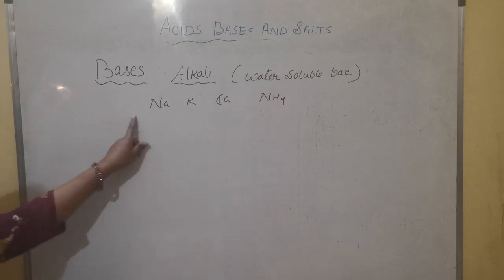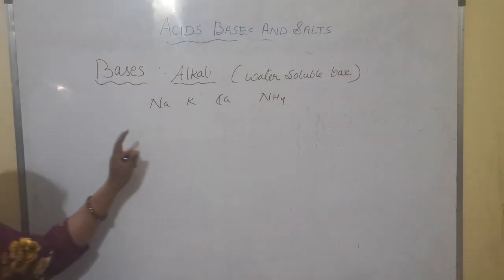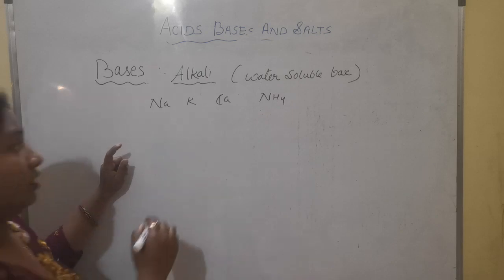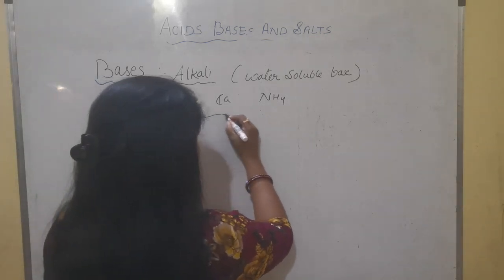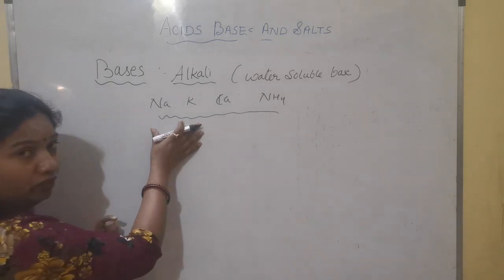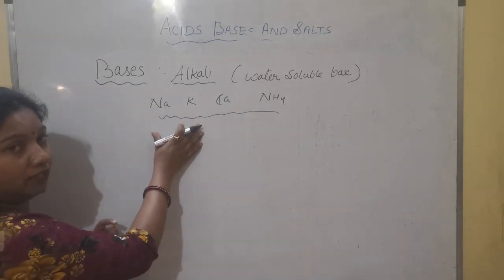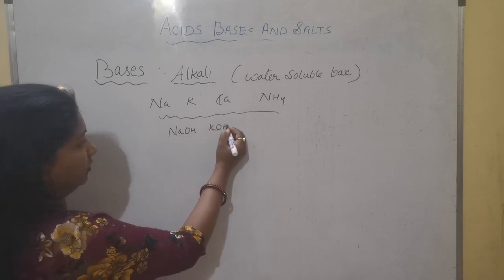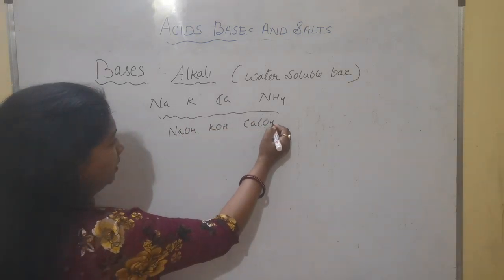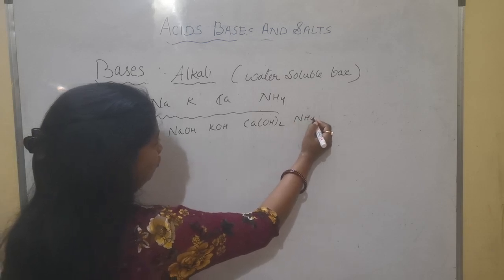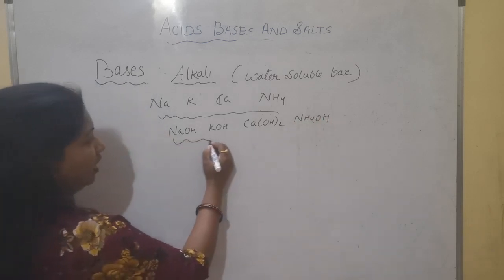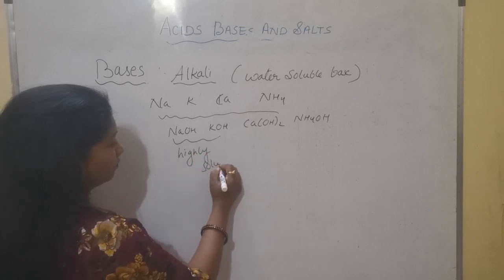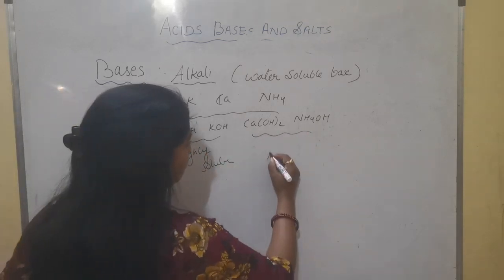So leaving these 4, all the other metallic oxides and hydroxides are insoluble. If you get oxides and hydroxides of these 4, then only it is water soluble, like NaOH, KOH, Ca(OH)2 and NH4OH. So these 2 are highly soluble and these are less soluble.